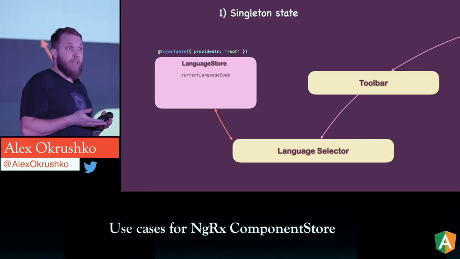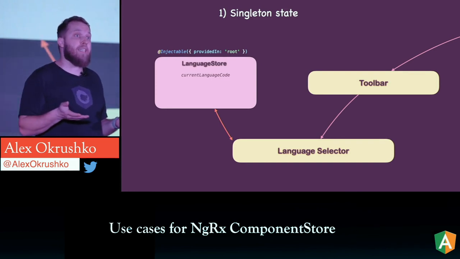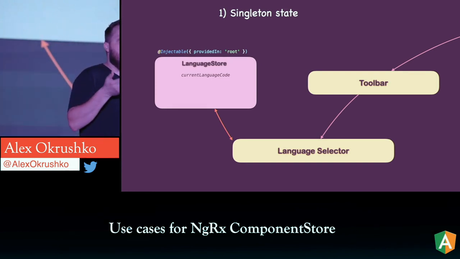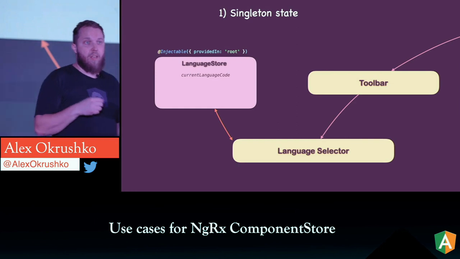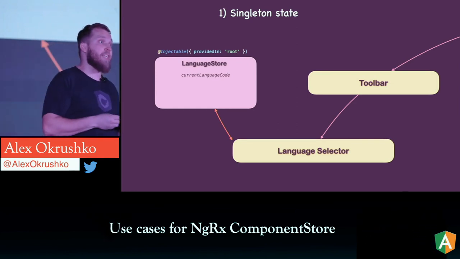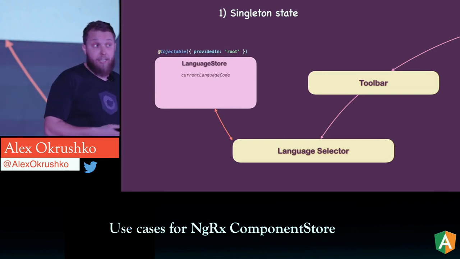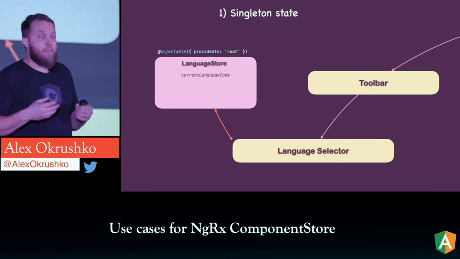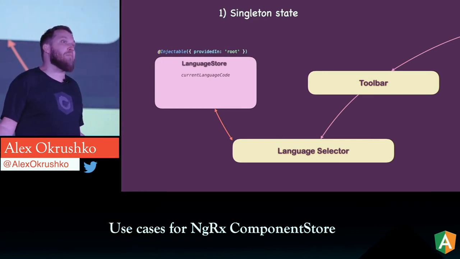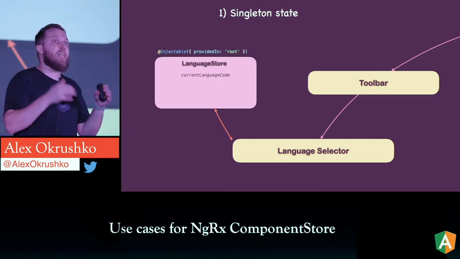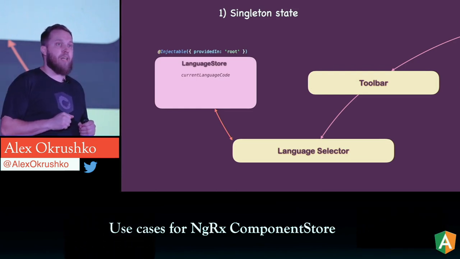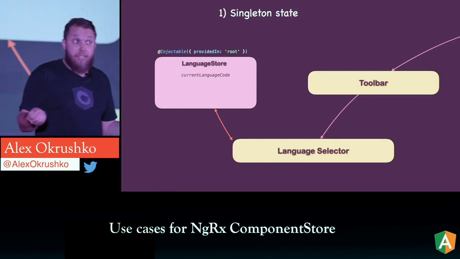And what's notable and what makes a singleton state is that it's provided in root. Because it's provided in root, I can inject it anywhere in the application and read the data from it or set the data for it as well. But it basically becomes available fully in the app. It becomes almost like a global state.